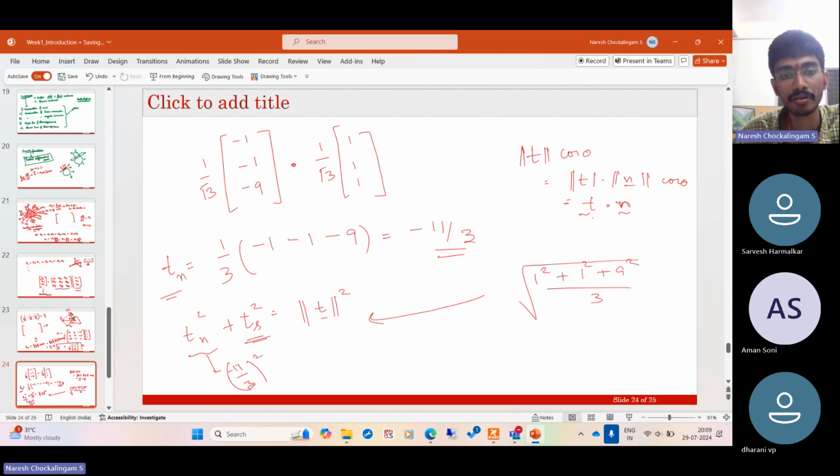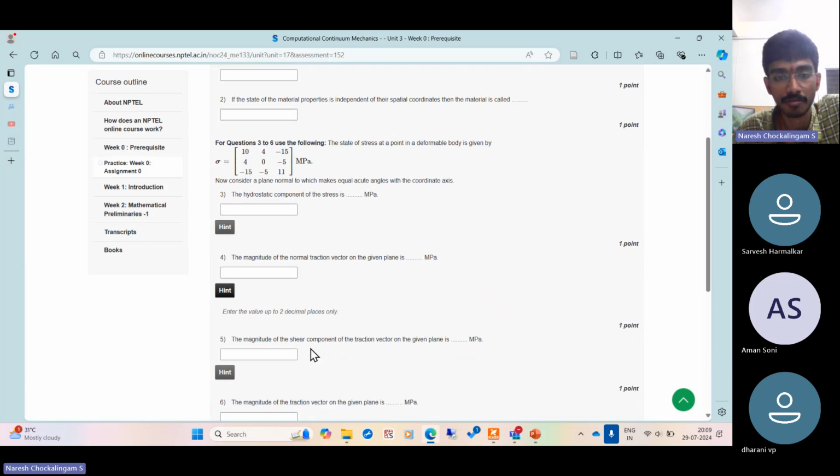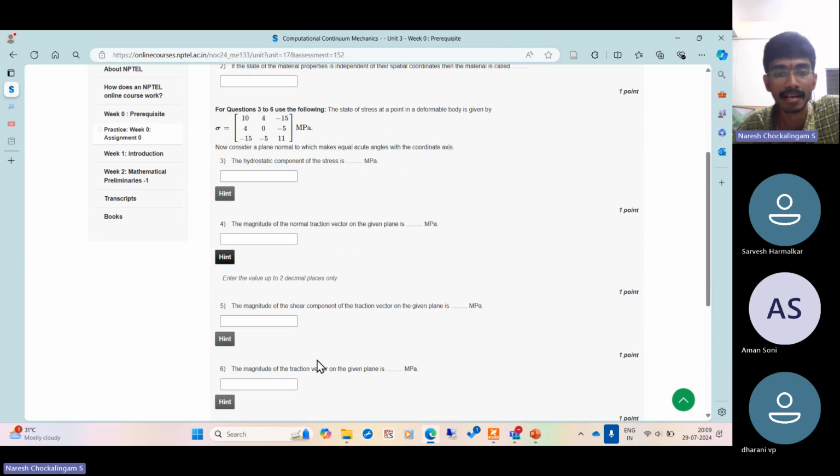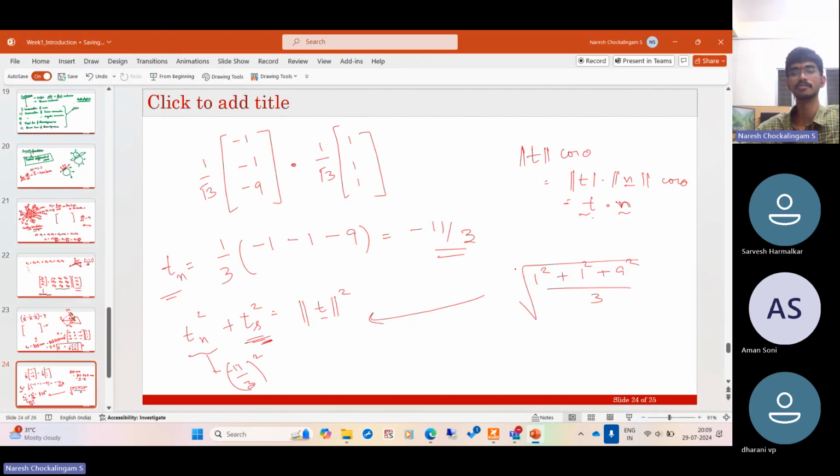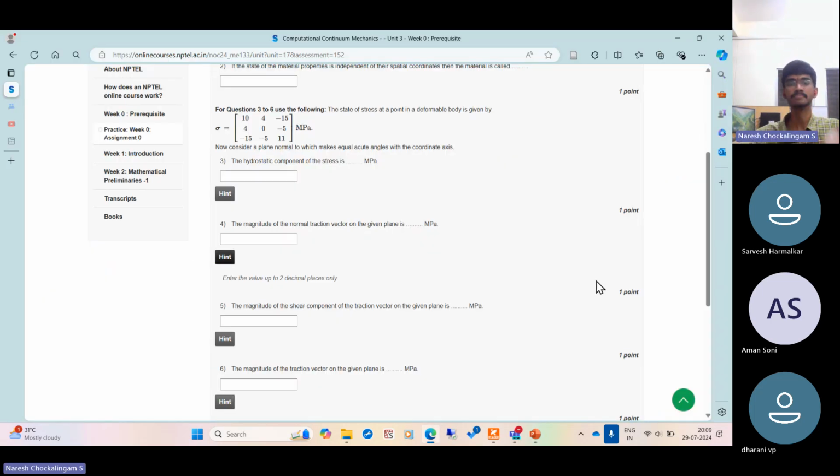So the shear component you will know. They're asking for the magnitude, so don't put the minus. So for shear, you can just subtract and get whatever this is. That is the shear component. And the last thing is the magnitude of the traction vector, which you already found out. That is this. That's clear, right? Is that okay?